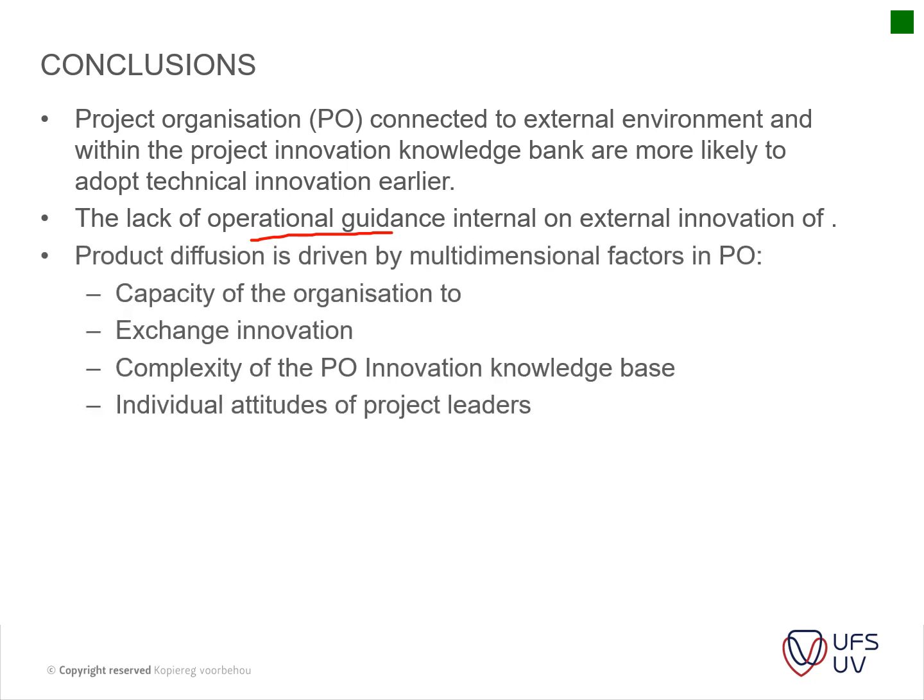Product diffusion is driven by multi-dimensional factors. The project organization's capacity to engage and exchange innovation is the diffusion of information. Then there is the complexity of the project organization and innovation knowledge base, which is not transferred very quickly. Everyone has to be convinced that this is a good solution. Then there are the individual attitudes of project leaders.